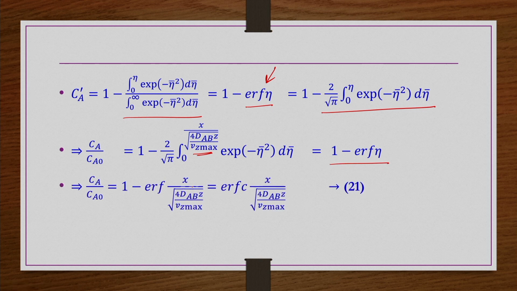This entire thing we can write as the error function of x by square root of 4 dAbz by Vz max. 1 minus error function of x is nothing but the complementary error function of x, so that is given as ERFC of x by this one. Okay, so that is the concentration profile.